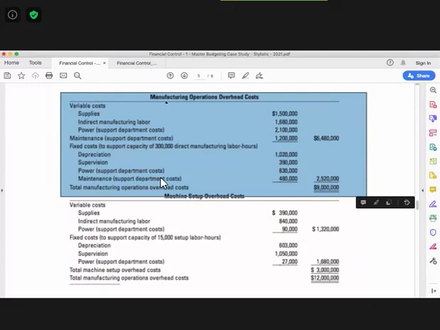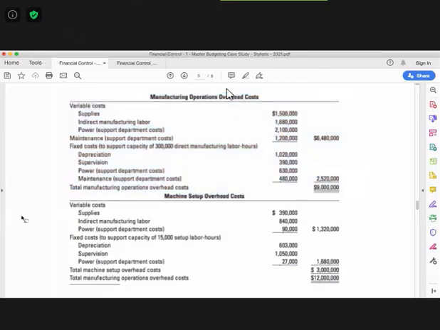So the use of electricity for this section is used to manufacture the product. Each time I manufacture one product, I have power for 2.1 million for the total of the year. We are not able to allocate that directly to the product, but we are able to say this cost is an indirect manufacturing cost.